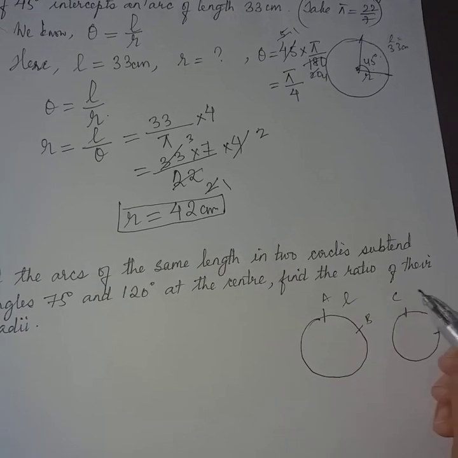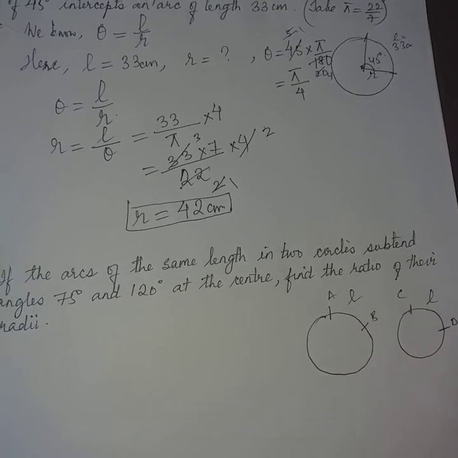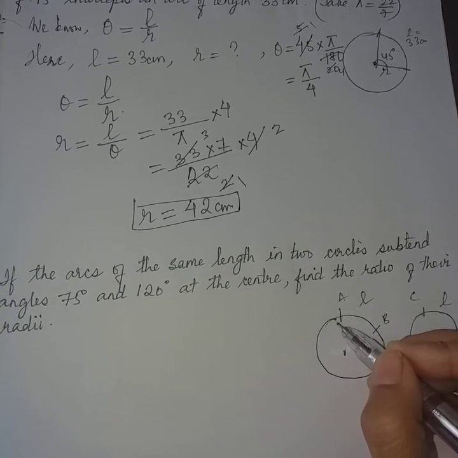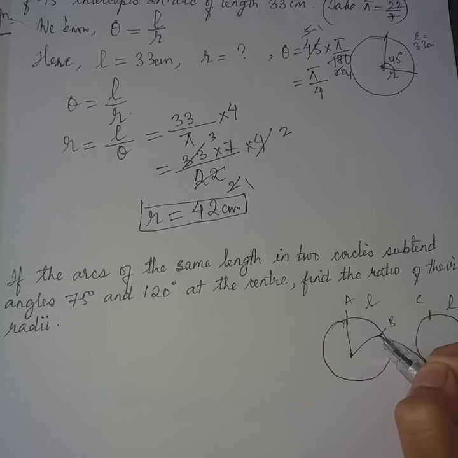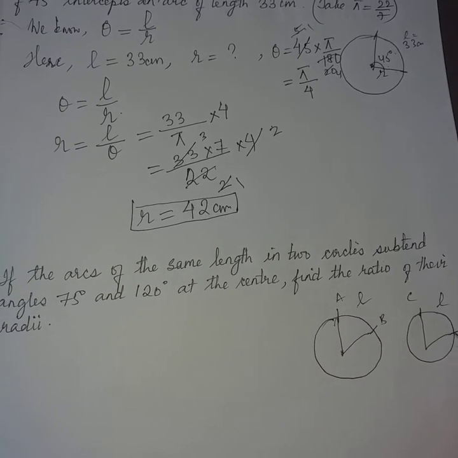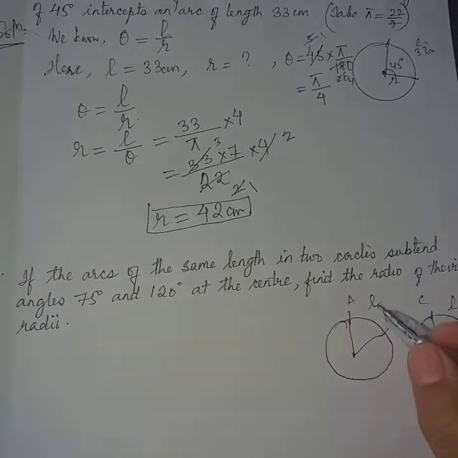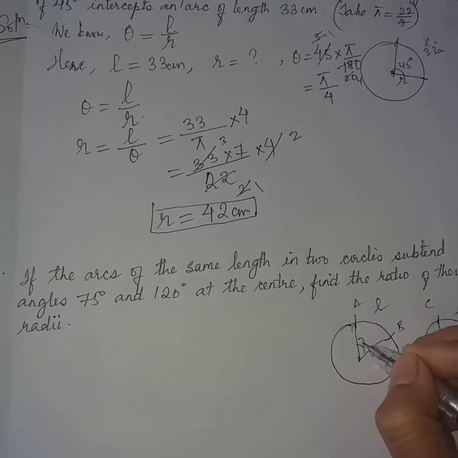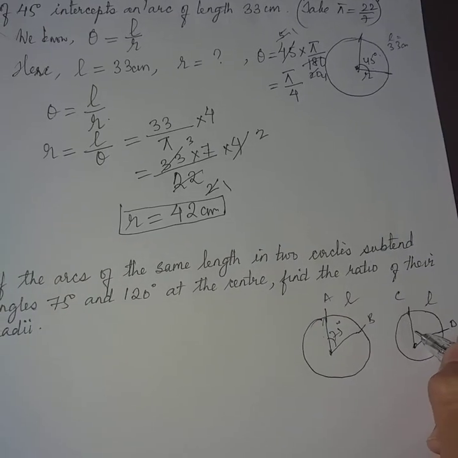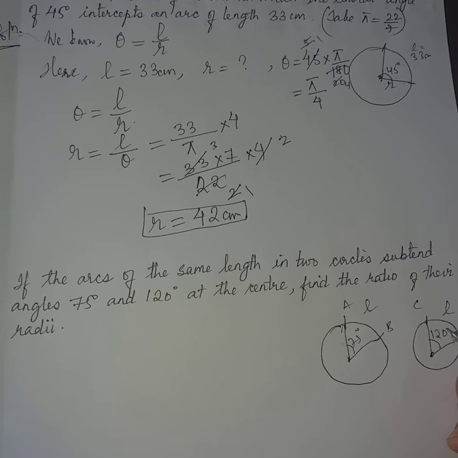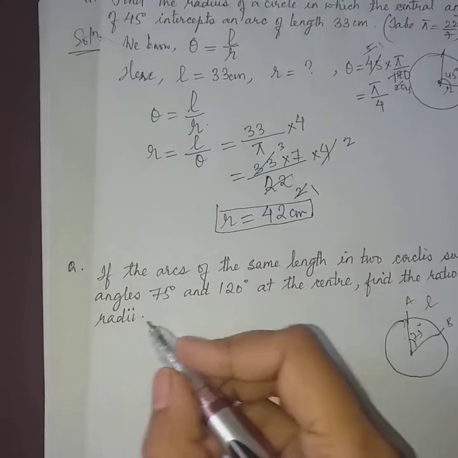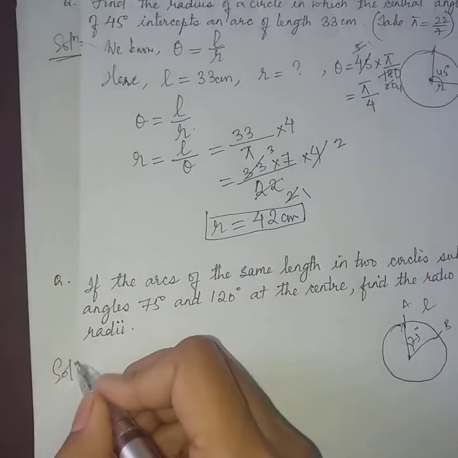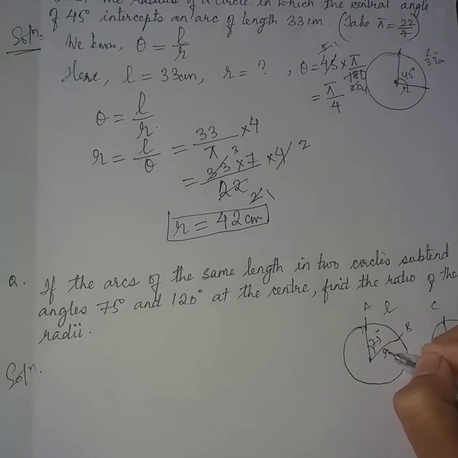If AB is L, CD must be L as well. For the first circle, it subtends an angle of 75 degree, and the second subtends an angle of 120 degree. So what we have to find is the ratio of their radii.